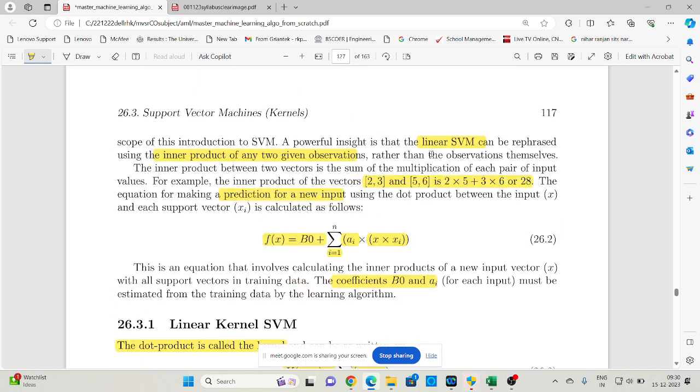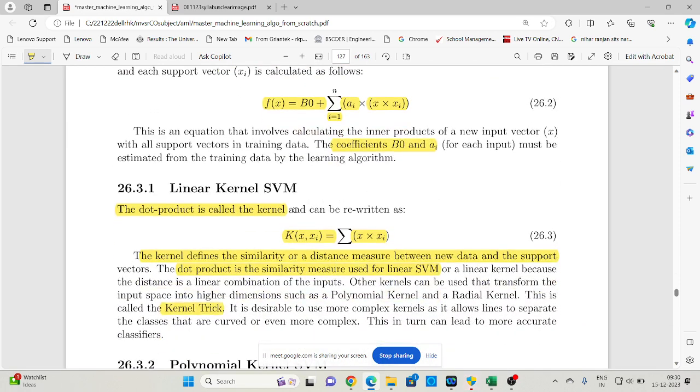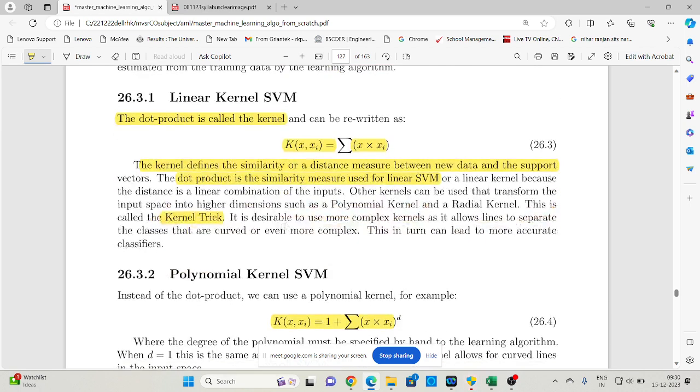This dot product is called the kernel, which can be given as the summation of x into xi. What exactly is a kernel? It defines the distance measure. It defines the similarity measure.